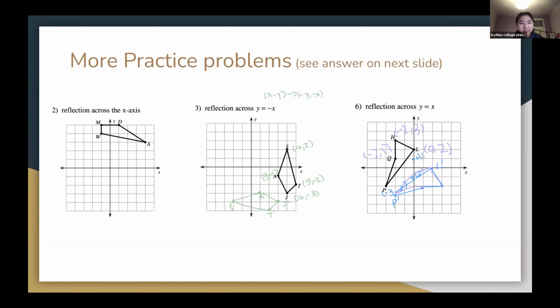It's kind of messy, but you can probably see it. Let me redraw it. It's kind of weird.